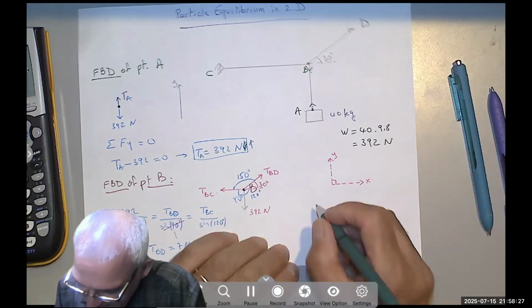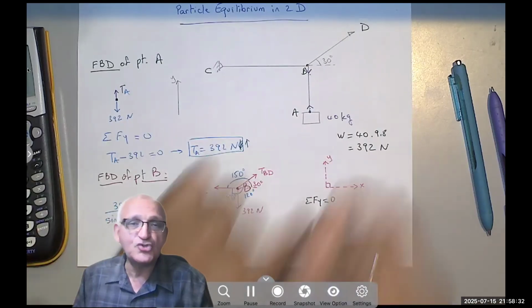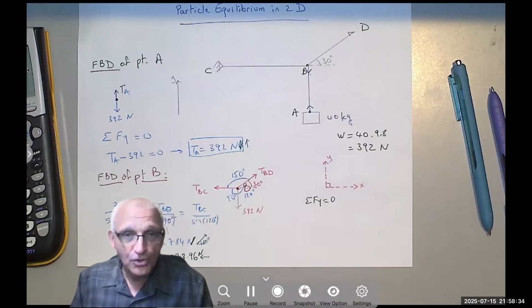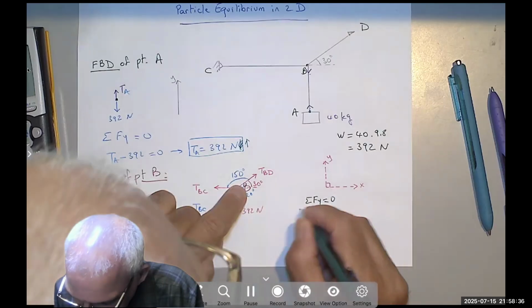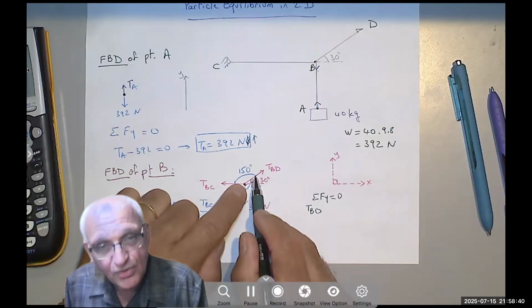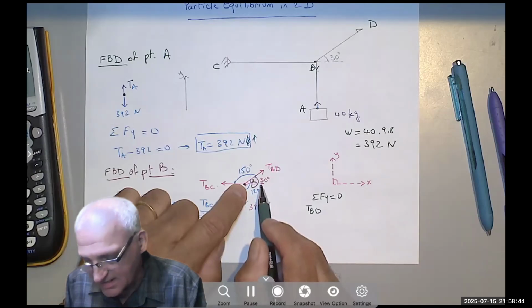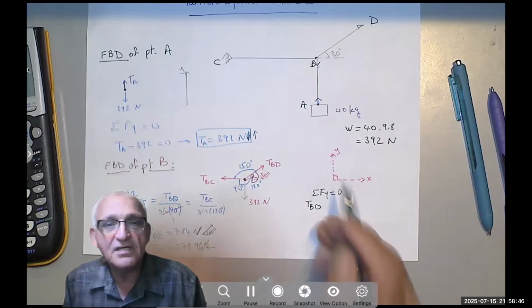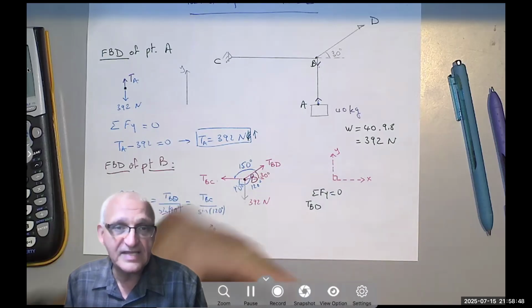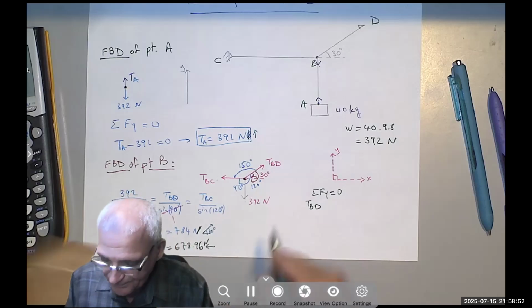If I said sum of the forces in the Y equals 0, I have to show that. Notice that in this case, I would have said TBD sine 30, because if I know the angle between the force and an axis, then cosine would be reflecting over that axis, like what we did in the dot product.